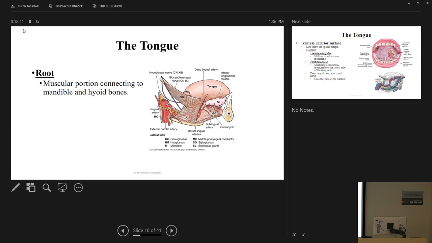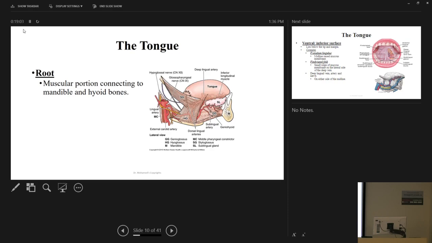Why am I mentioning this? Because from the superior genial tubercle, I have a muscle going to the tongue. That's going to be named genioglossus. There's another muscle coming from the inferior genial tubercle, but this time going to the hyoid bone.